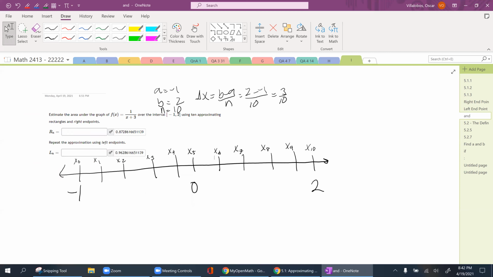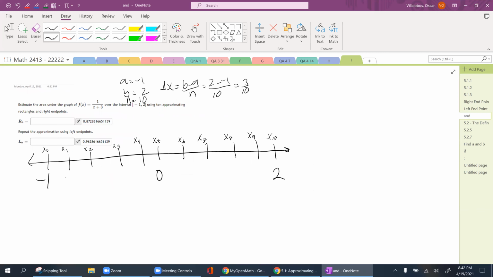So you may be saying, hey, how do I find that point, x1? You're going to take -1 and add 3 over 10 to it, because you want to know how far it is from there to there. If you have your calculator, of course you use it; if not, by hand, which really shouldn't take long.